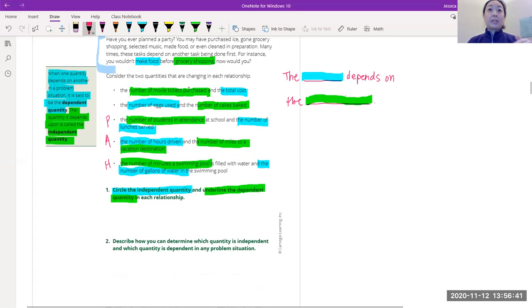Like the movie ticket prices, we don't have control over that. It's already set. Depending on however many tickets we purchase, that's going to determine the total cost. The total cost does not determine the number of tickets we purchase. Although I know you can argue the point, what if we only have $50? We're not talking about that. We're not doing what-ifs.